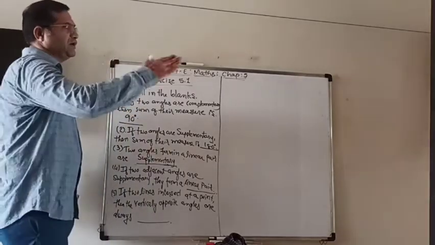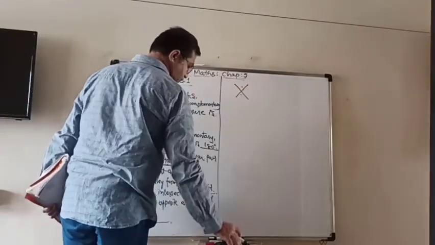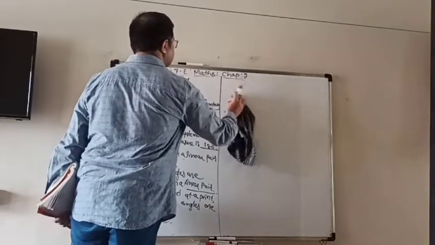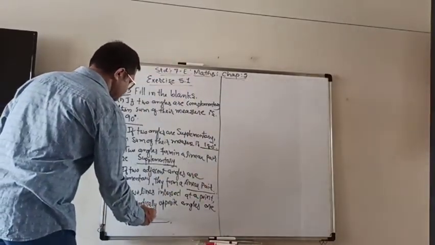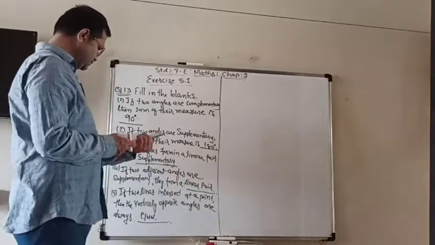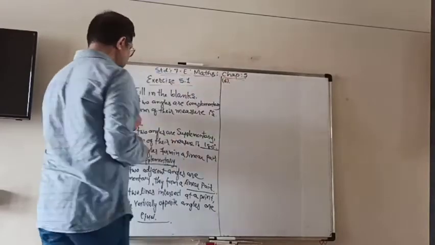Now we know that when two lines cross each other, then vertically opposite angles are always equal. So they are always equal.